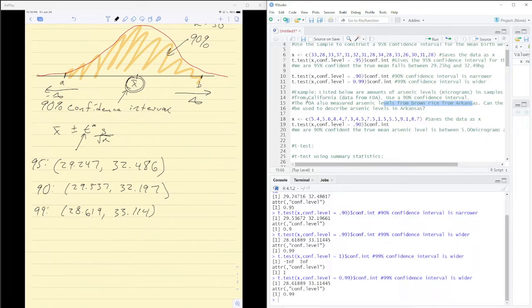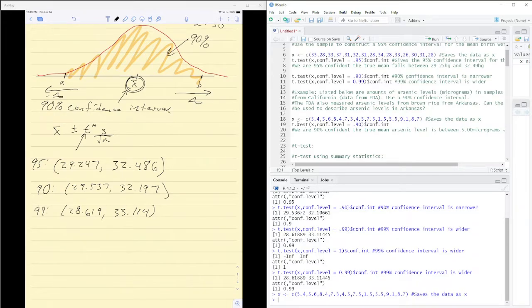So we have these different states in the U.S., California and Arkansas, and we're looking at arsenic levels in samples of brown rice. If there's too much arsenic in the rice, then the rice is not healthy to eat and people will get sick, and we want to avoid that. So we're going to create the data.